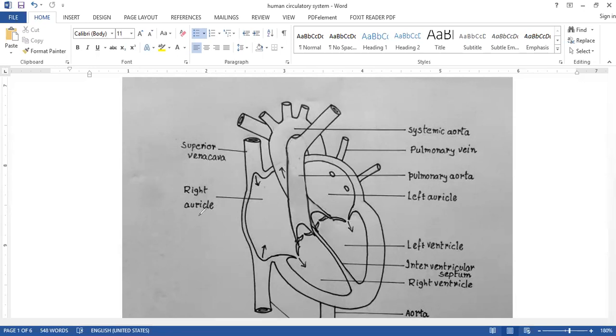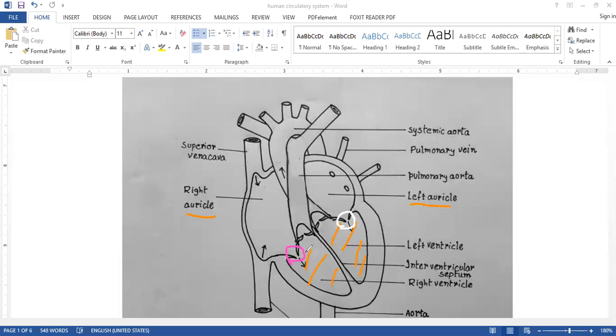There are four chambers: the right atrium, the left atrium, the right ventricle and the left ventricle. Between the right atrium and right ventricle there is a valve, which we call the tricuspid valve. Another valve is the bicuspid valve.